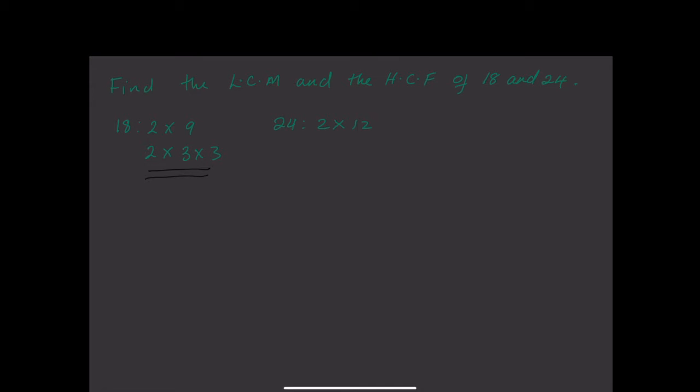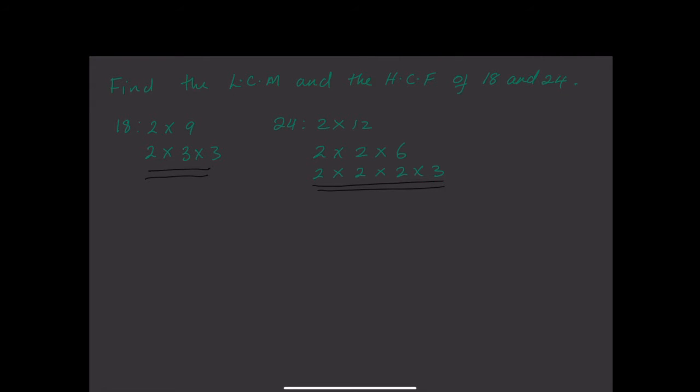Then I'm going to write down 2 times 2 times 6. Then I'm going to bring down the 2, the times, the 2 again, the times, and then I'm going to break down 6 into 2 times 3. Okay, so I've expressed 24 as a product of its primes.